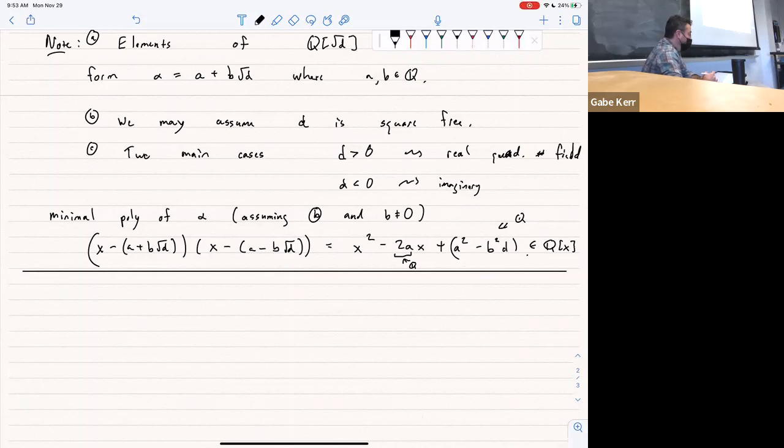But why is it the minimal? Well, the point is there's no linear polynomial for which alpha is a root, because it would look like this. But we're assuming that this is not rational, so this is not actually a polynomial in here. So there's no factors.